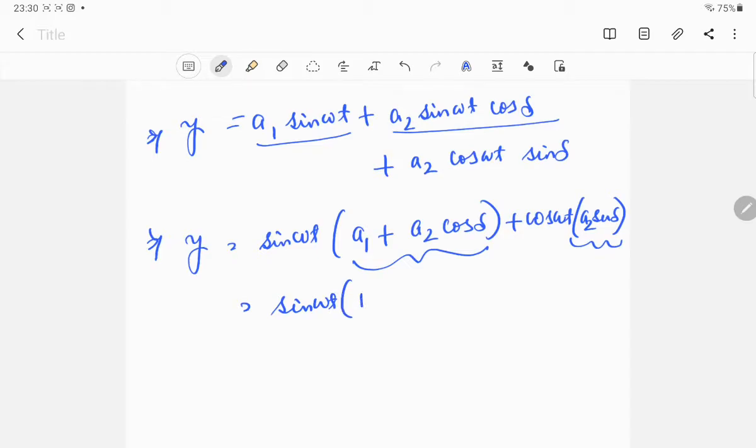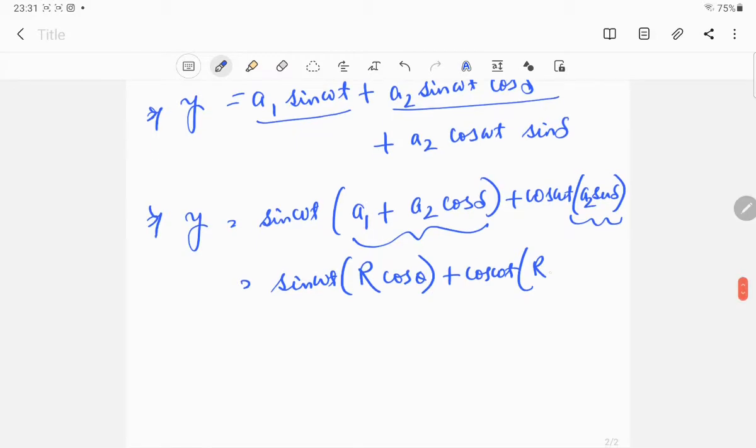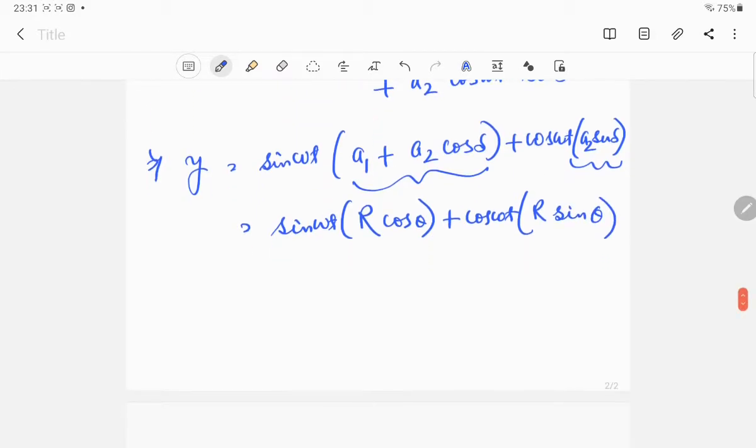Let (a1 plus a2 cos delta) be r cos theta, and a2 sine delta be r sine theta. Okay, so this is the resultant y, or resultant displacement.